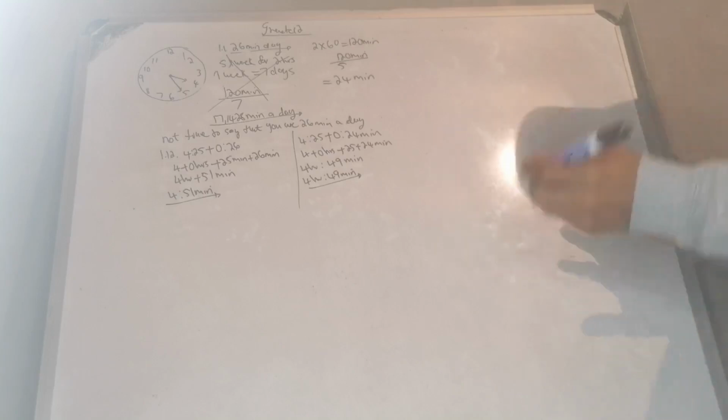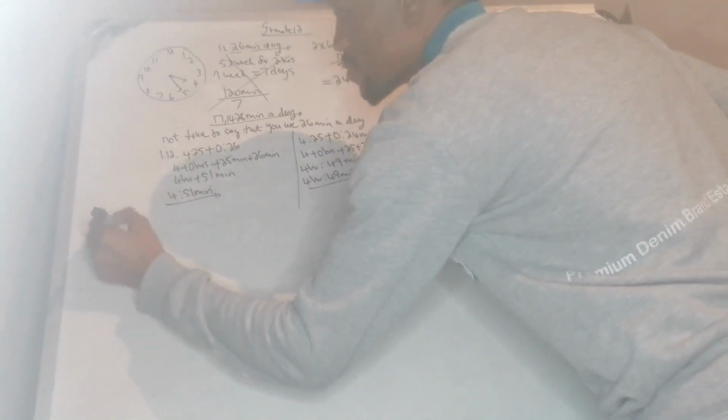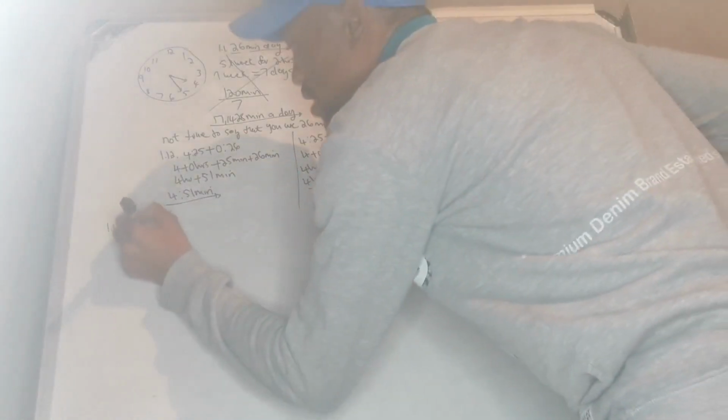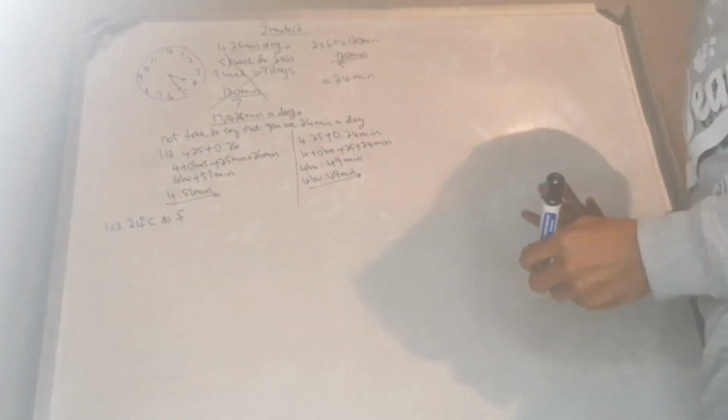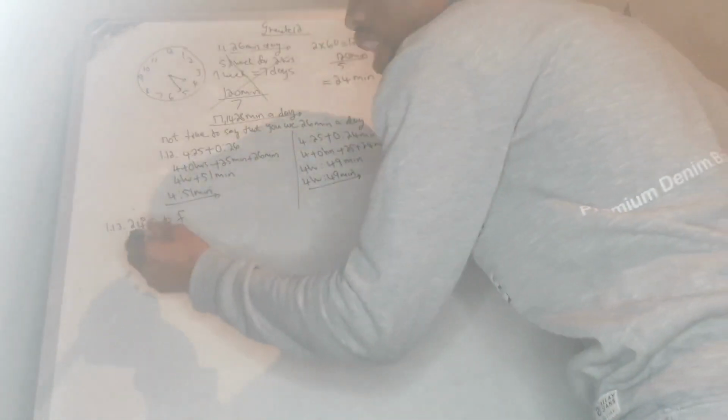Question 1.1.3. Convert 24 degrees Celsius to Fahrenheit using the following formula.